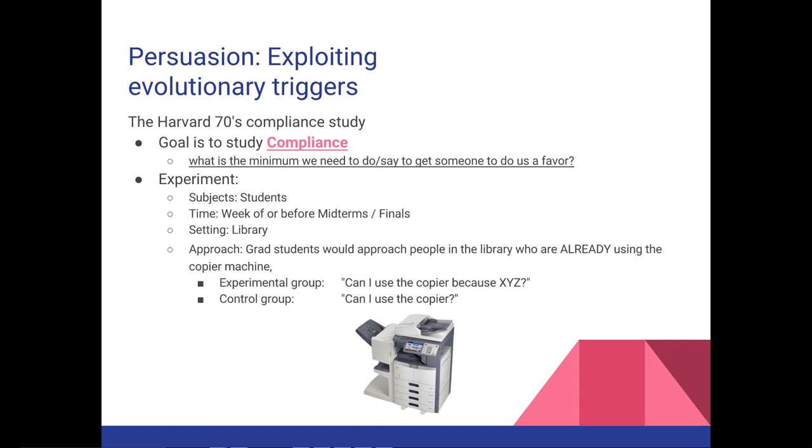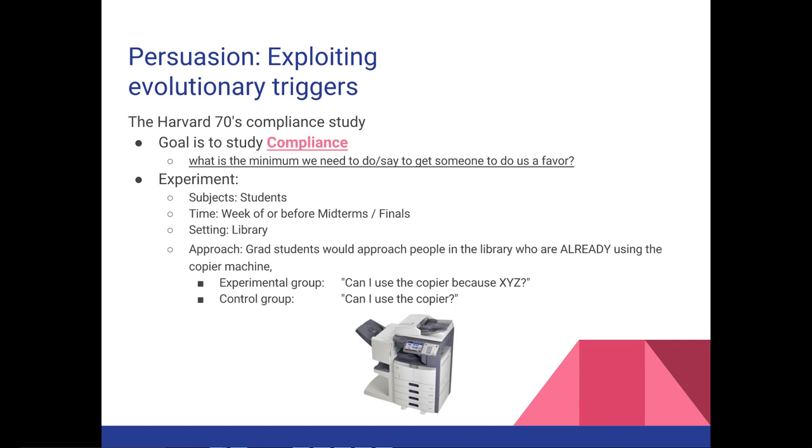And so it explored what is the minimum we need to do or say in order to get someone to do us a favor. The experiment was set in the library of Harvard University and occurred a week before or during midterms as well as finals. And the testees and the subjects were all students.